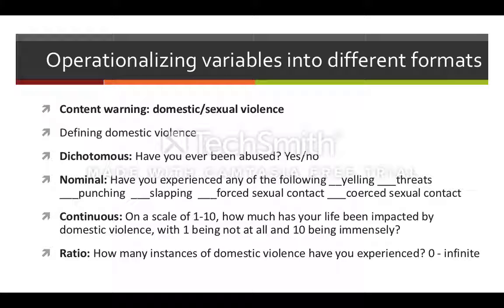If someone is 3 or higher, we're going to assume that they were impacted by domestic violence and put them in the yes group. And so that's fairly common in research, to play with variable types in order to make different analyses work. And again, we'll come back to this when we talk about statistics.